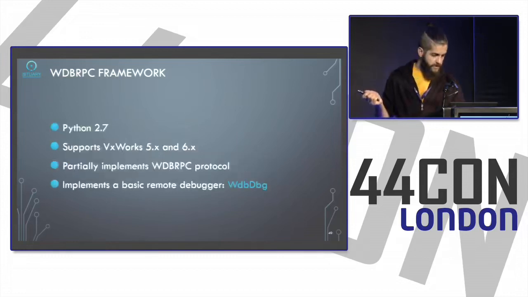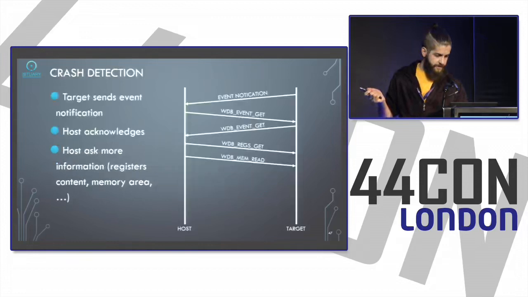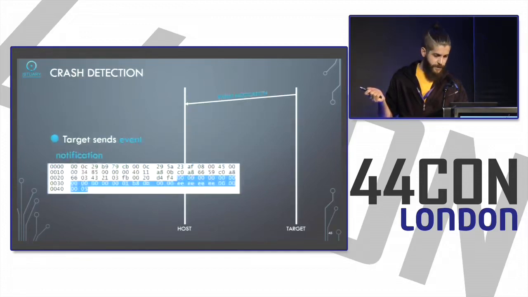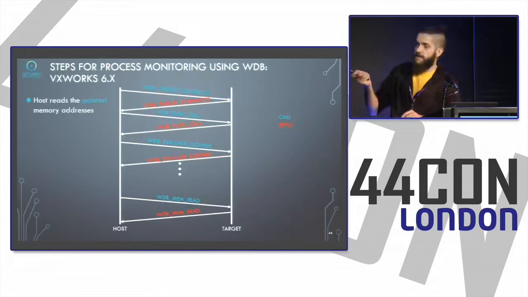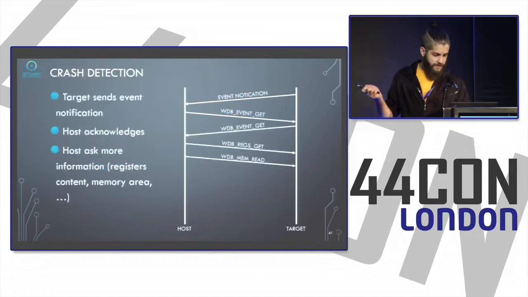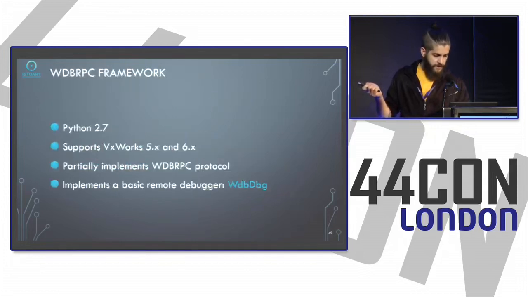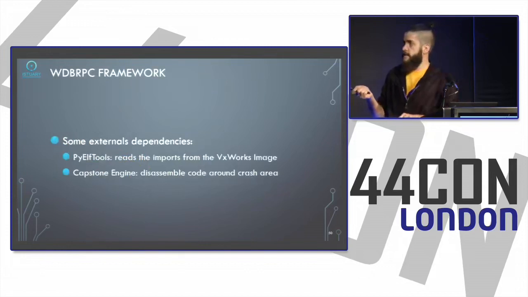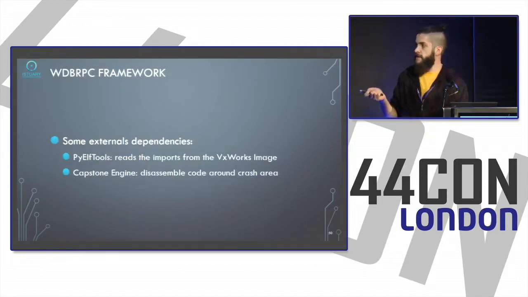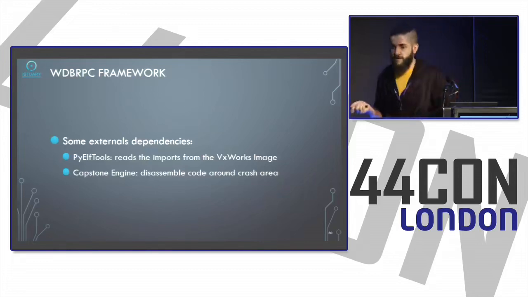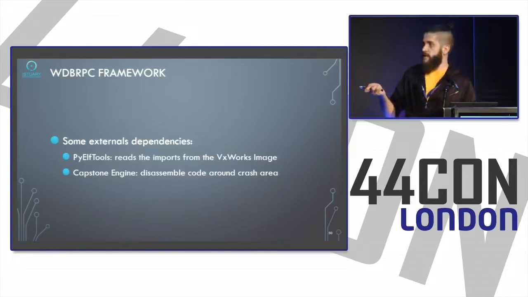For example, when I use the WDB function call here, I need to provide the address, the entry point of the function I want to call on the target. So PyElfTools lets me do it. And then I used the Capstone engine to disassemble the code around the crash area. But for now, this feature is not fully implemented in the framework.